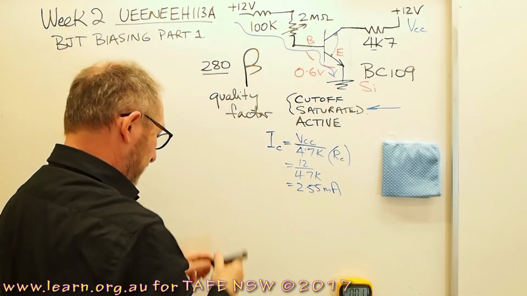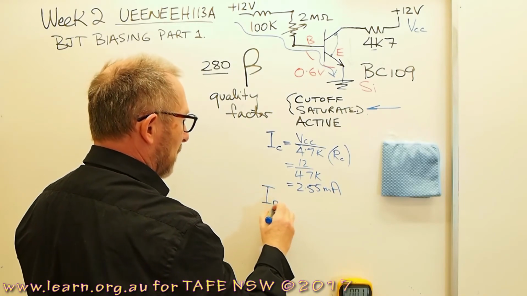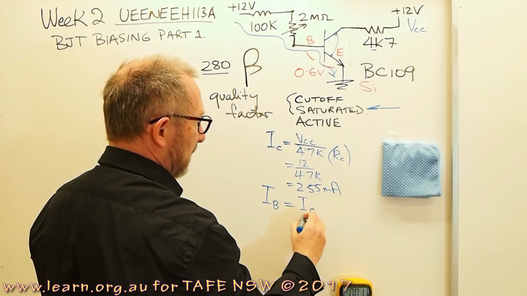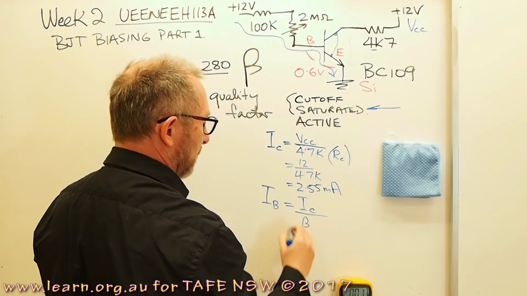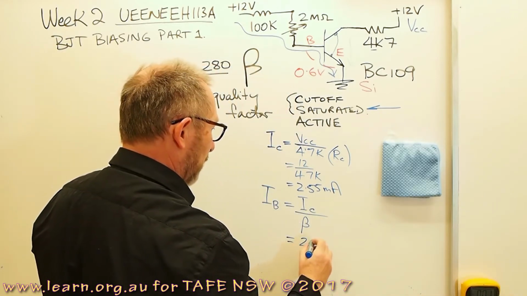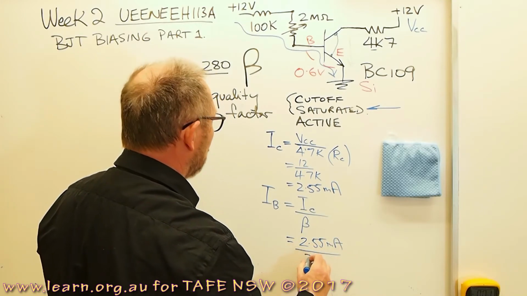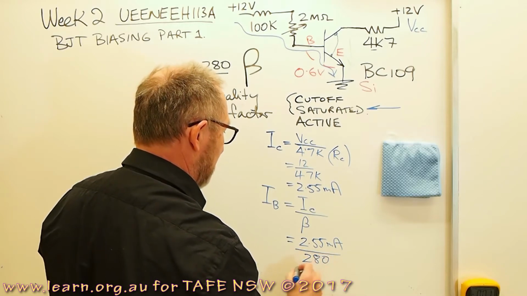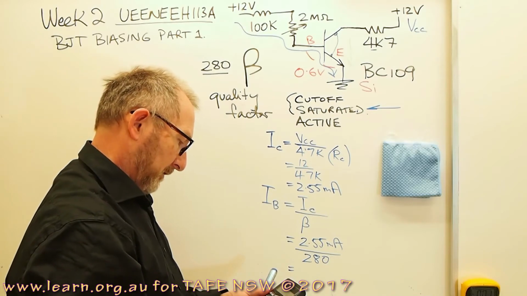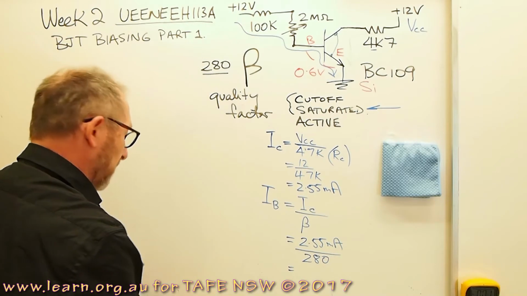So 2.55 milliamps. If I want to find IB, IB equals IC divided by beta, equals 2.55 milliamps divided by 280, which would be equal to 9.1 microamps.